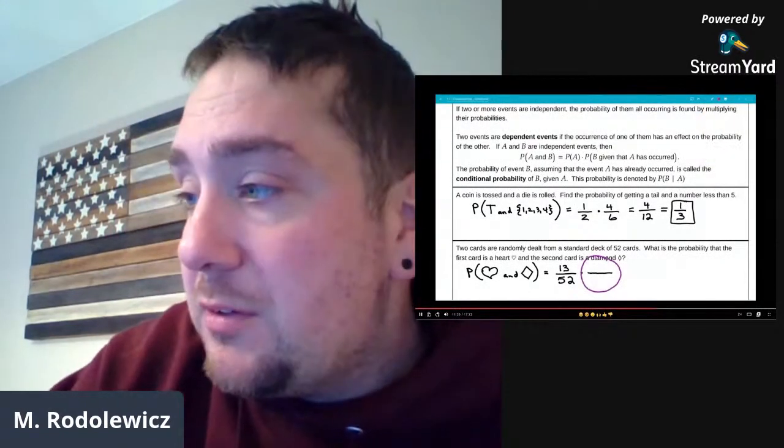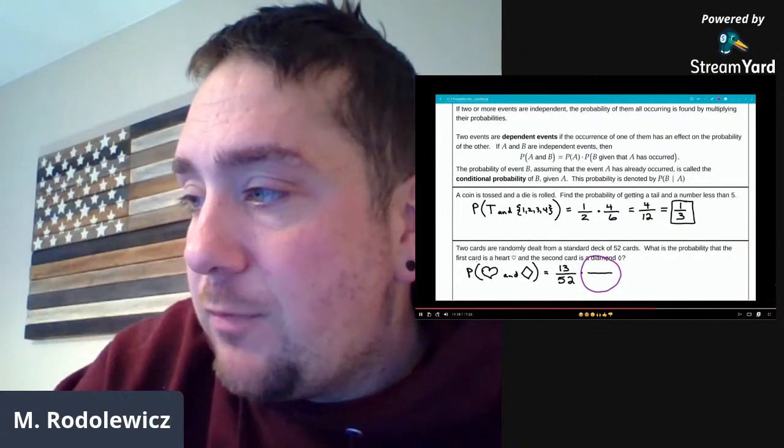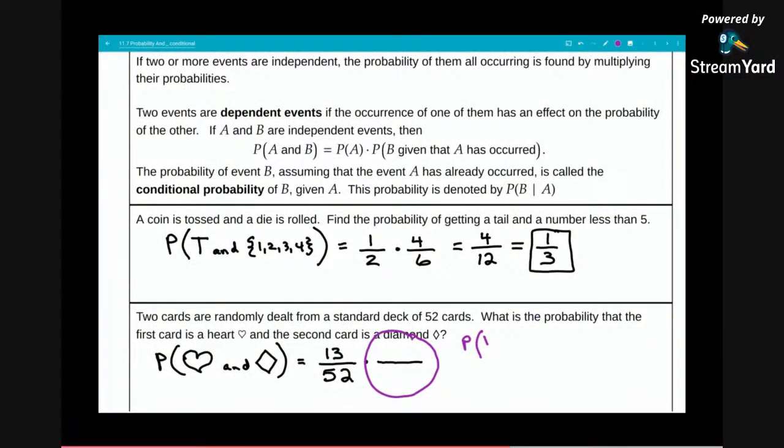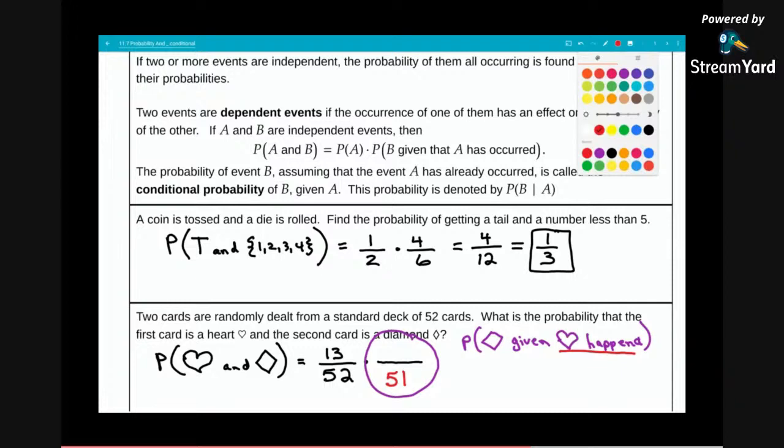Because we selected a card, I don't know if it was hearts or not, but it doesn't matter. We want a diamond. We're going to assume that a heart happened. Well, if a heart happened, that now means there are 51 cards left in the deck, but still 13 of them are diamonds. And that's what's considered conditional probability.